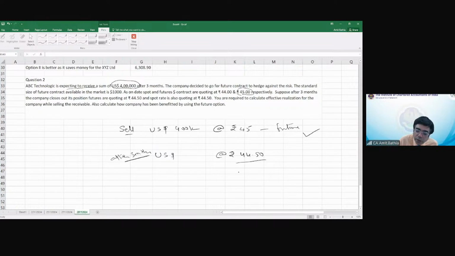Sir, why is it 45? Yes, so you will receive 45, right? After 3 months when the contract matures. Now the prevailing price is at 44.50. So this means by entering into this contract, you have made a profit of 50 paise per dollar.